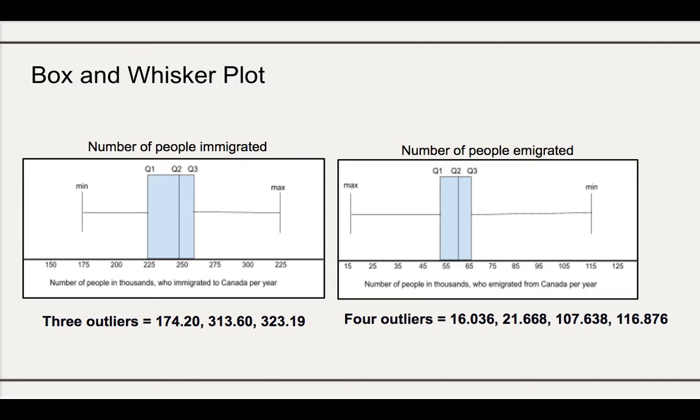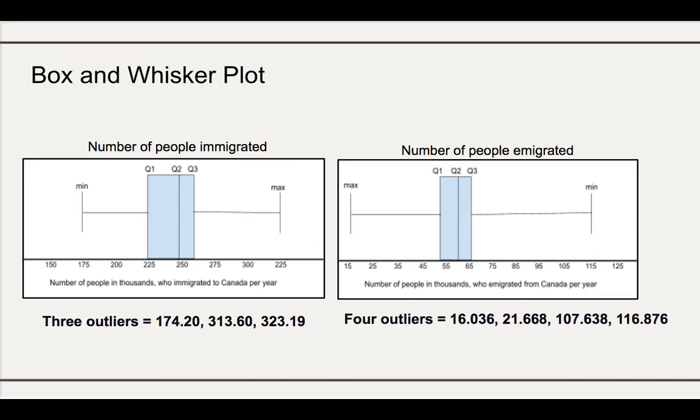You can see through my box and whisker plot that both strata definitely have some outliers. Even without seeing this data, I would predict that there probably will be some outliers, especially because the number of people who immigrate and emigrate depend on many other external factors as well.